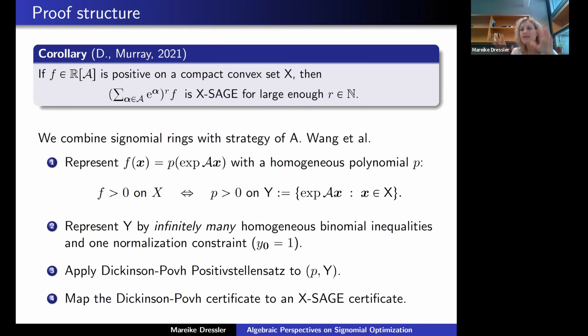And then we take this decomposition we get from this Positivstellensatz and carefully map it back to the Signomial world. This shows the corollary, and this entire analysis is purely invariant with the support and also with this constraint set X.